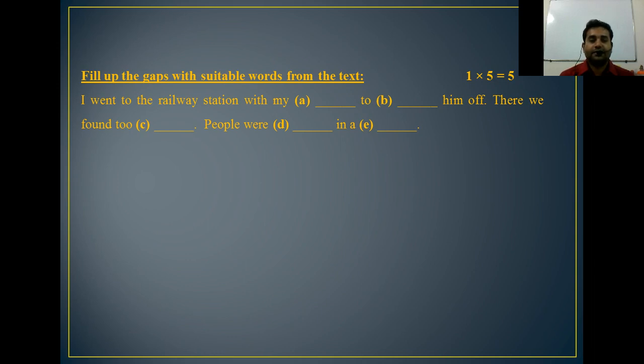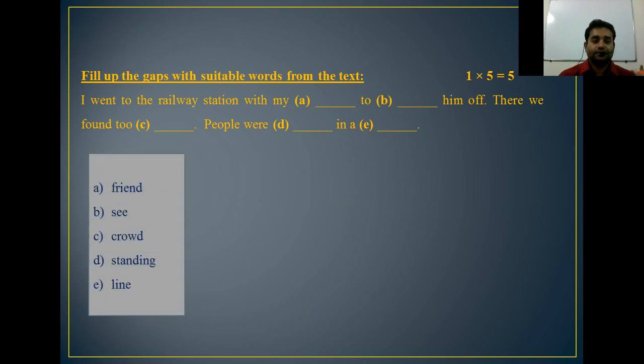Okay, I am giving the answer now, but you will practice with your own merit. This is the answer. I went to the railway station with my friend to see him off. There we found two crowd.